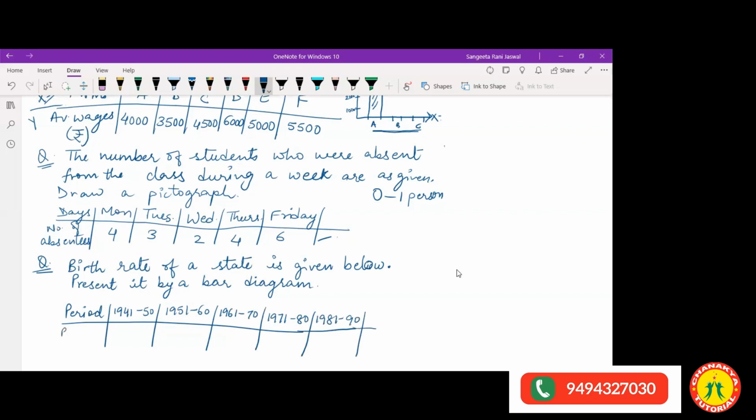Now, birth rate, you know, no? How many children are born in this period of time in a particular state. So here you have to show it with the bar graph.